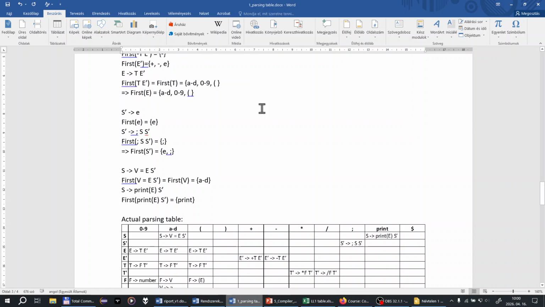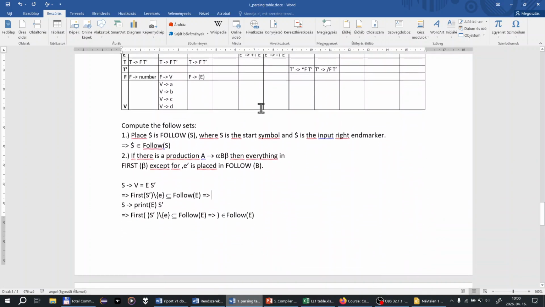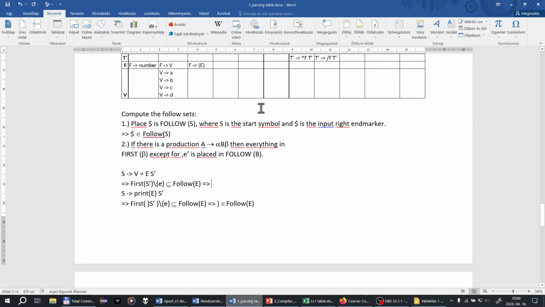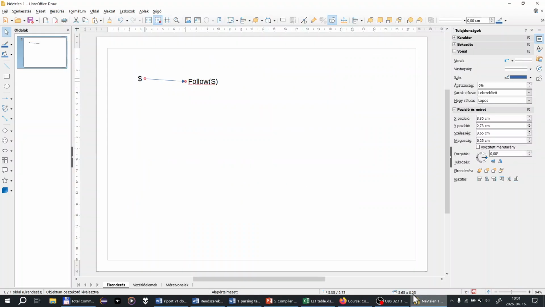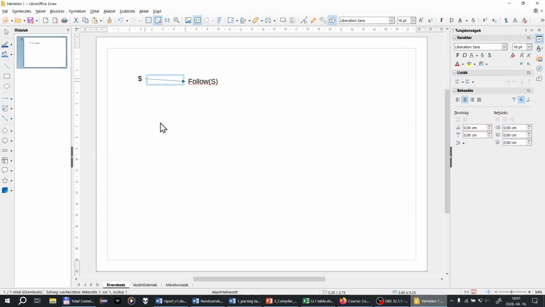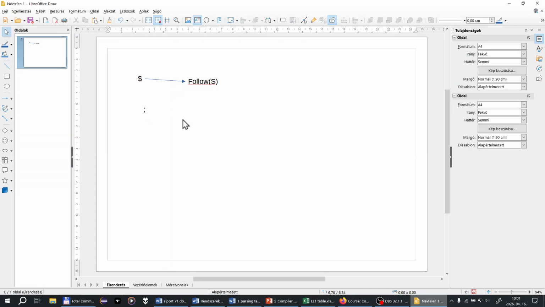S prime is, okay, it contains only the semicolon. So the semicolon is an element of follow E. Okay, so we have semicolon, which is an element of follow E.